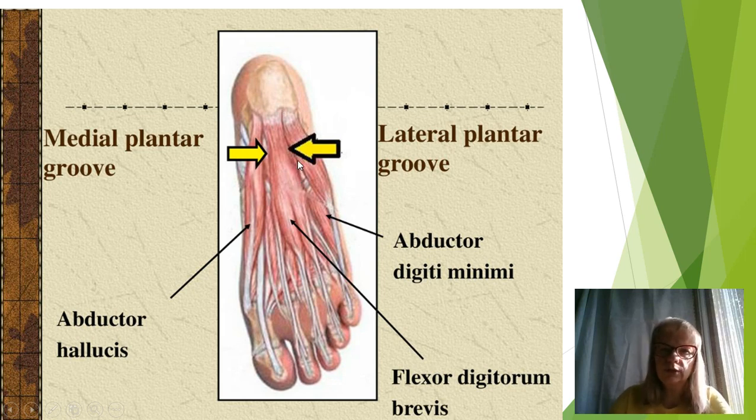In each groove are located two terminal branches from the posterior tibial artery, the plantar medial and plantar lateral arteries. As for the exact borders of each groove, the medial plantar groove is located between abductor hallucis and flexor digitorum brevis. The lateral plantar is between abductor digiti minimi and flexor digitorum brevis.